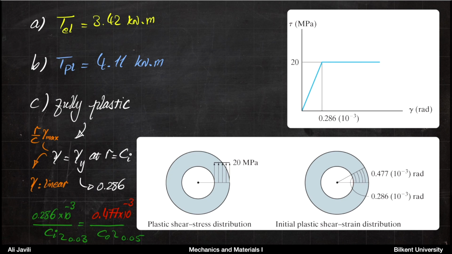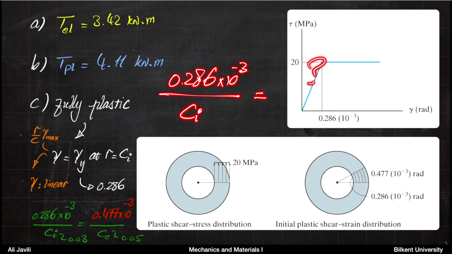So basically, you have the ratio 0.286 times 10 to the minus 3 at the inner radius equals what value of shear strain divided by the outer radius. This is what you want to calculate.